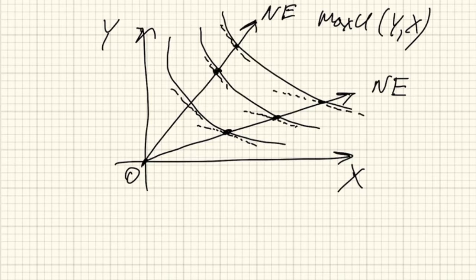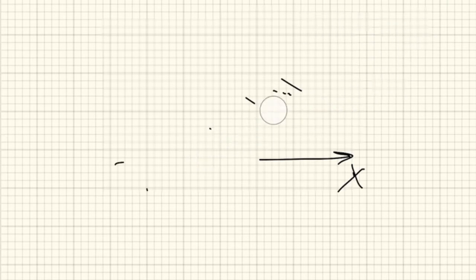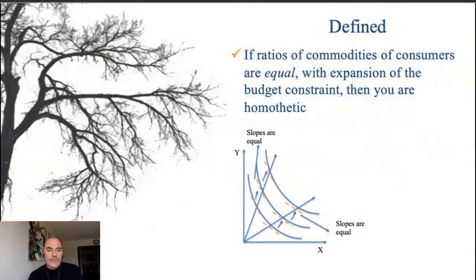Because the slope stays the same, this person is exhibiting homothetic preferences. So, as you increase your budget constraint outward, and those slopes represent the budget constraint, and your ratio of X in relationship to Y does not change, you're homothetic. So what I want to do now is to go back to our slide and do some examples with you so we can make sure that you get this theory.